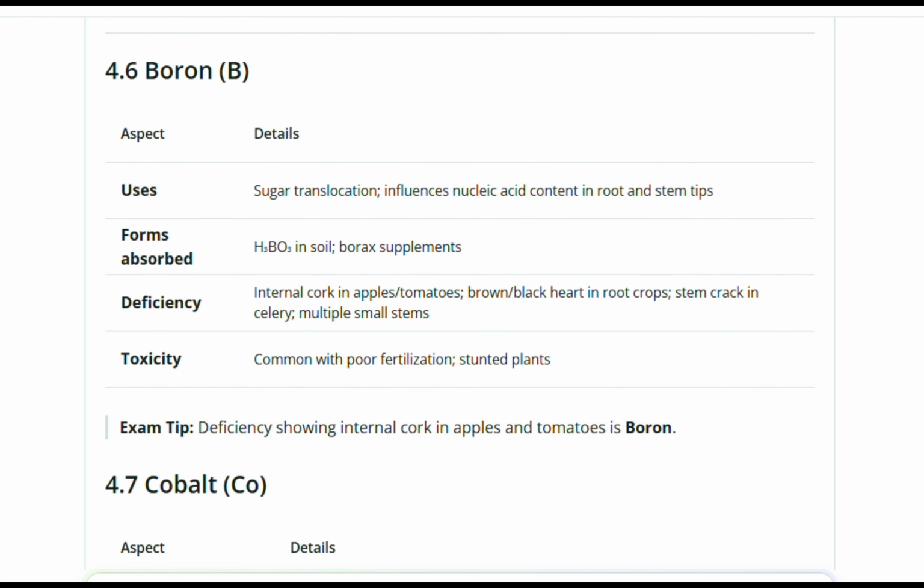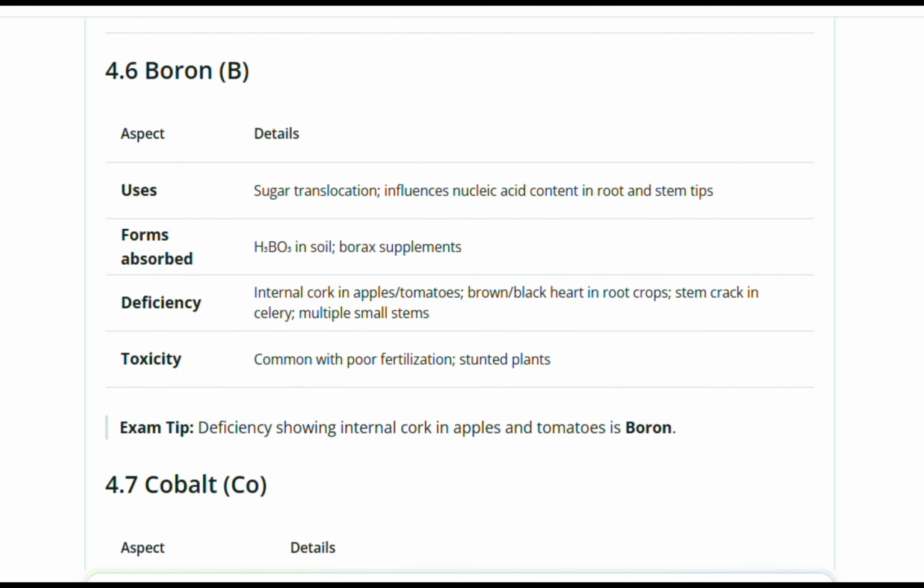So it's needed for sugar translocation. The form that is absorbed is H3BO3 in soil. In supplements, that's borax.